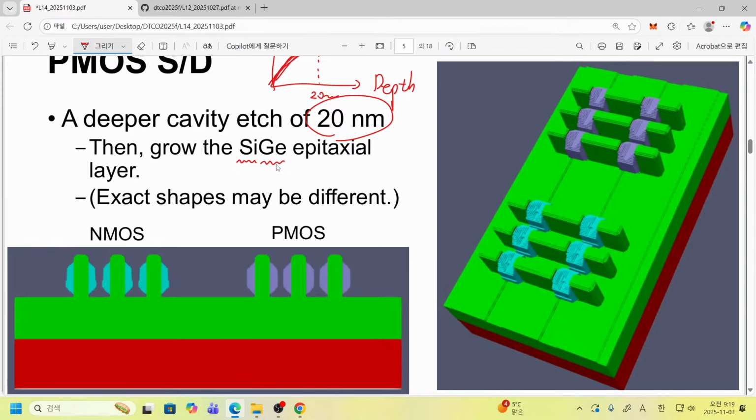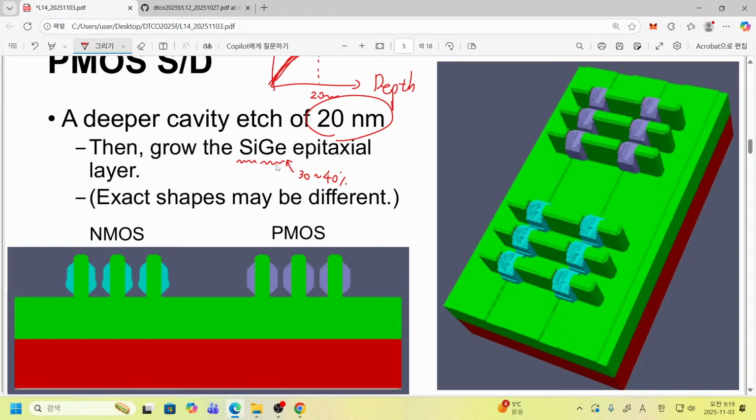The germanium content really depends on the situation, but people usually take about 30% or 40% molar content of germanium. This is quite high, somewhat different from silicon.